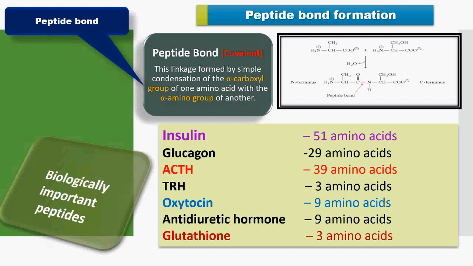Glucagon, both of which are secreted by the pancreas, contains a polypeptide chain of about 29 amino acids, while ACTH contains 39 amino acids, and the thyroid hormone contains only 3 amino acids, a tripeptide. Oxytocin contains 9 amino acids, the antidiuretic hormone contains 9 amino acids, and glutathione contains 3 amino acids.